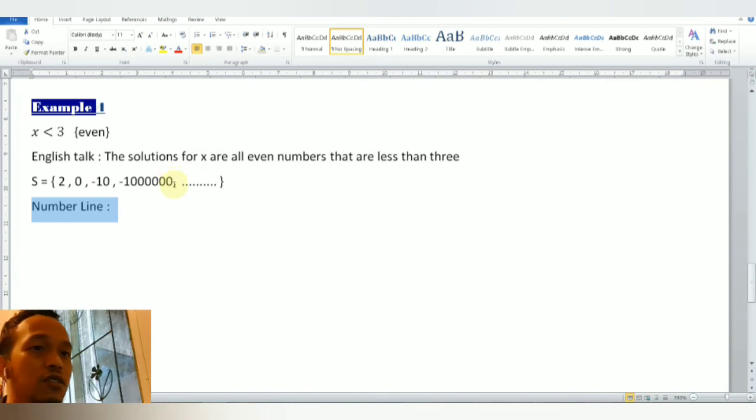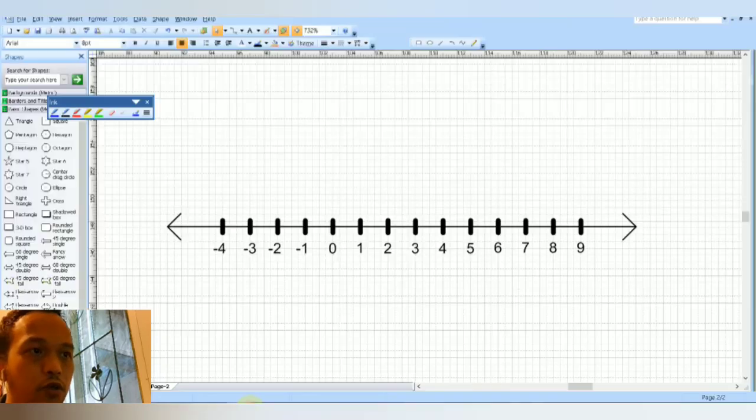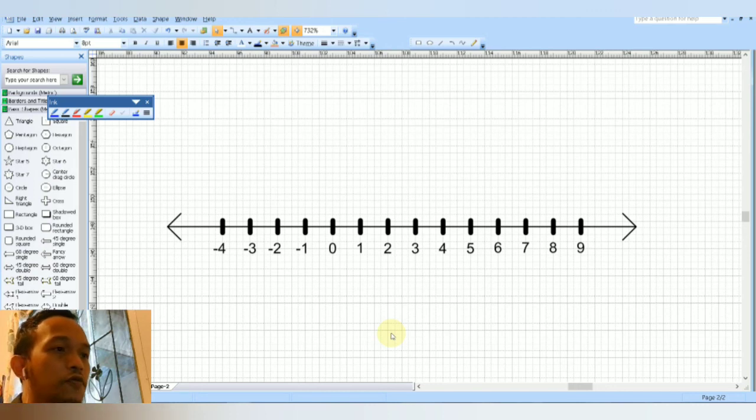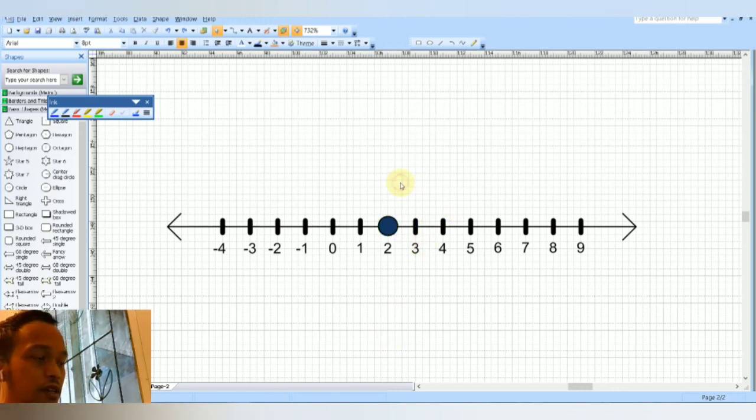So how do we use the number line to show this inequality? Remember this inequality, so I will switch to this. How do I show the solution set that is all even numbers less than 3? I will put the first closed circle on the closest even number to 3, which is 2, since this is my first solution. The second solution is 0, right?